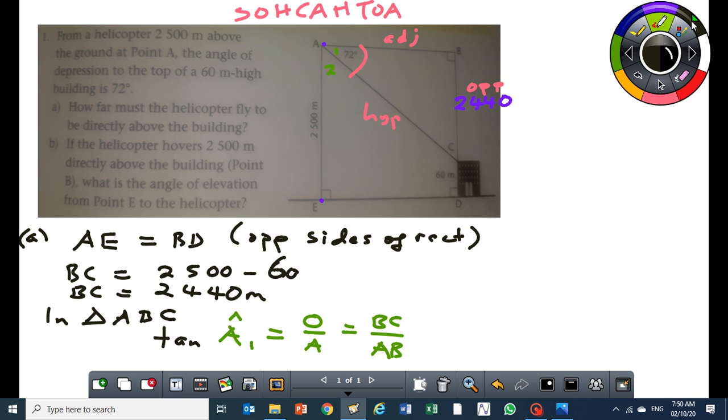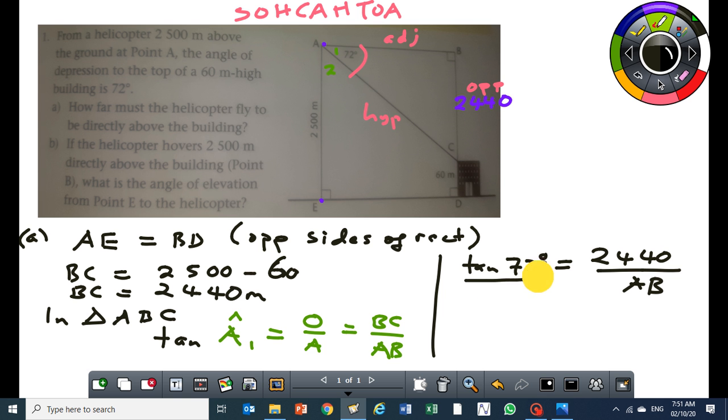Then I'm going to substitute now. So I'll have tan 72 degrees is equal to the opposite side, BC, that's 2,440, over my adjacent side, AB. Then you cross multiply.